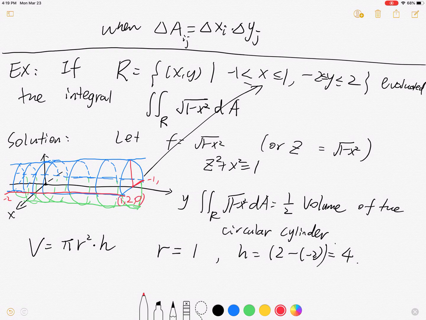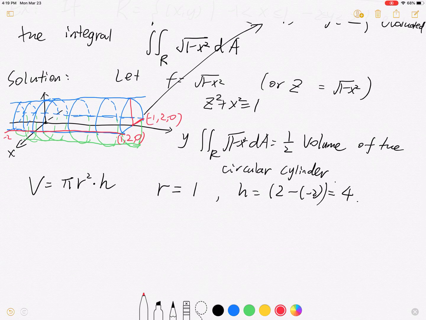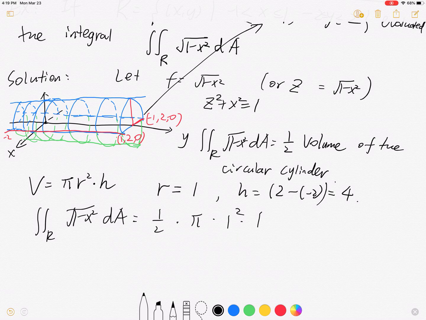I would like to write down the coordinates for this side. Okay, then you know the integral is given by half volume, so it's 2 pi.